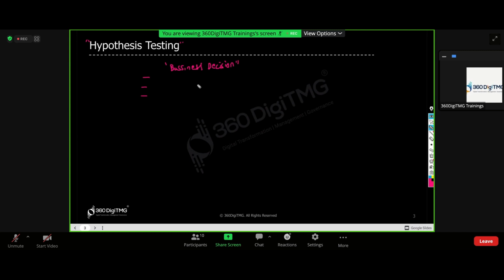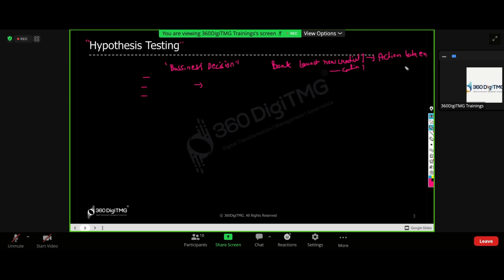For example, suppose as a bank, you should launch a new credit card, or you should continue with the existing ones. If you launch a new credit card, it means action has been taken, right?